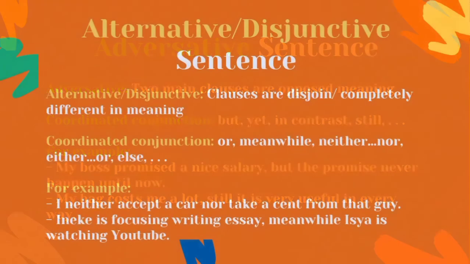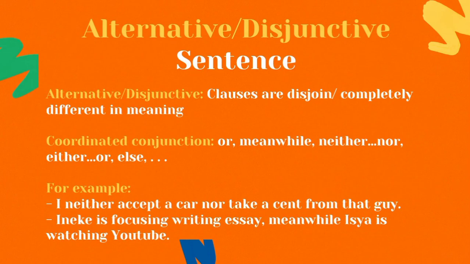So the third compound type is the alternative or disjunctive sentence. In an alternative or disjunctive sentence, clauses are disjoint or completely different in meaning. The coordinated conjunctions are or, meanwhile, neither, nor, either or, else, and so on.